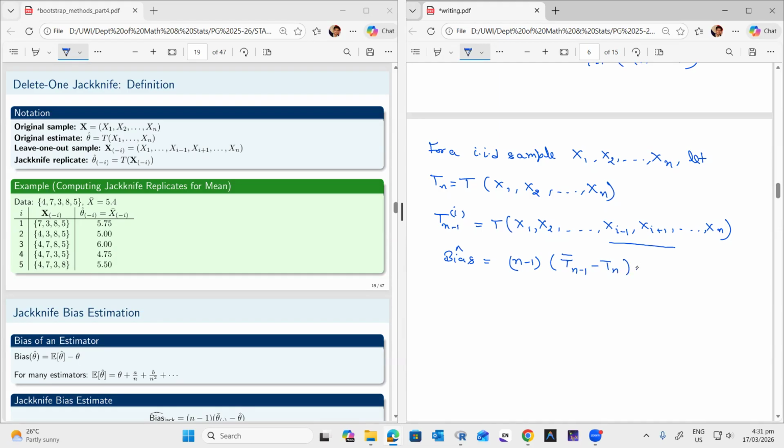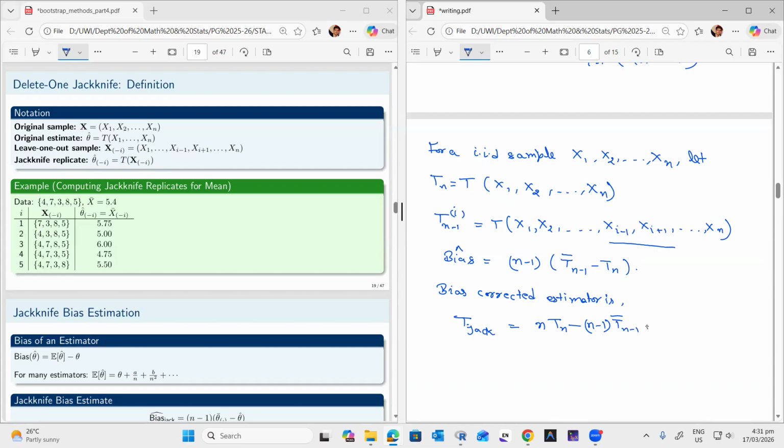All right. And the bias corrected estimator will be T_jack equals n times T_n minus (n minus 1) times T bar_(n minus 1).